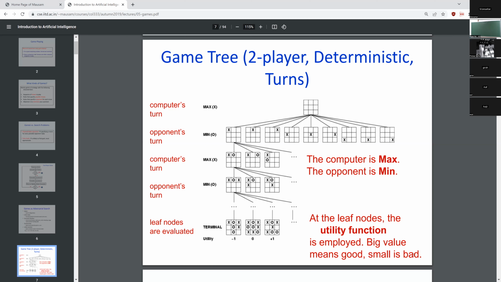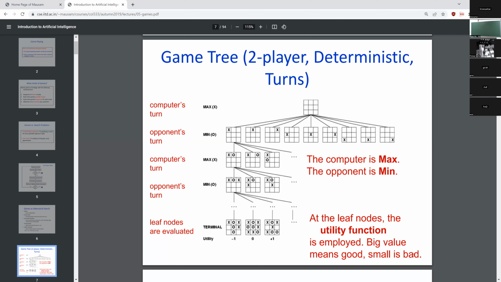That's why the utility function value associated to that state is -1, since the opponent is winning. The utility function for the second leaf node from the left is 0 because it's a draw. No player has won. And the third state from the left, the utility function value is +1 because there's a diagonal of crosses. That means the AI agent has won. So and so on. Every terminal state is associated with a utility function, -1, 0, or +1, depending on which of the two agents has won.